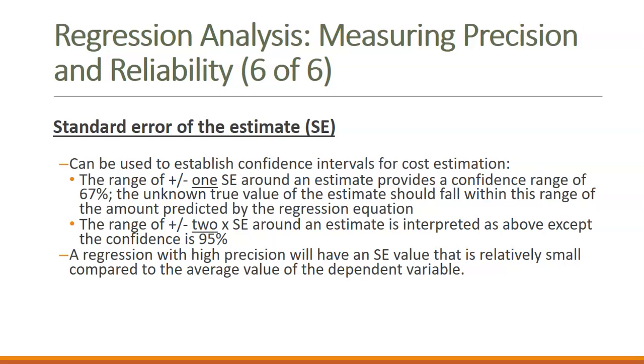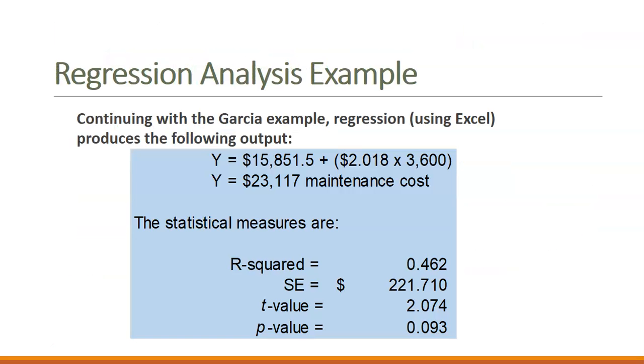A regression with high precision will have an SE value that is relatively small compared to the average value of the dependent variable. When we look at this regression output, we are given some information here.